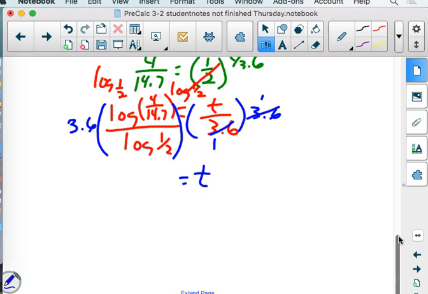Get it already? I'm punching it in. Yeah, punch it in like this so that it sees all of this.